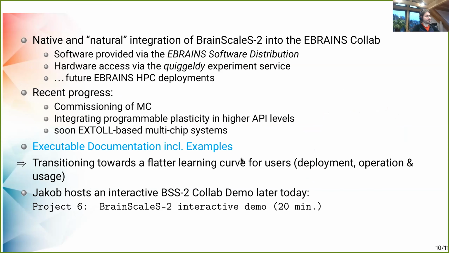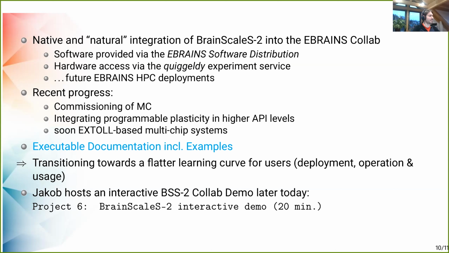And to conclude my talk, we now have a native and natural integration of BrainScaleS 2 into the eBrains Collabs. We provide the software as part of the eBrains software distribution. Maybe that's not the term other people use until now, but I think it's the eBrains software distribution that we created here.